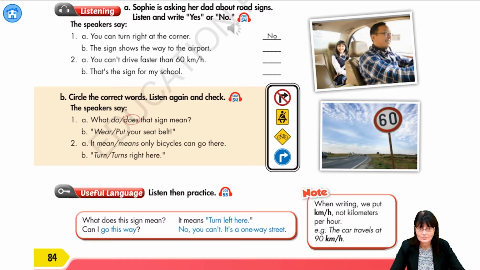I guess we'll have to keep going straight. Wow, this really is a different way. Yeah. What does that sign mean? Oh, the sign shows the way to the airport. We're going the wrong way. Dad, I can't be late. Huh? Are you wearing your seatbelt? No. Wear your seatbelt, Sophie. It's for your own safety.